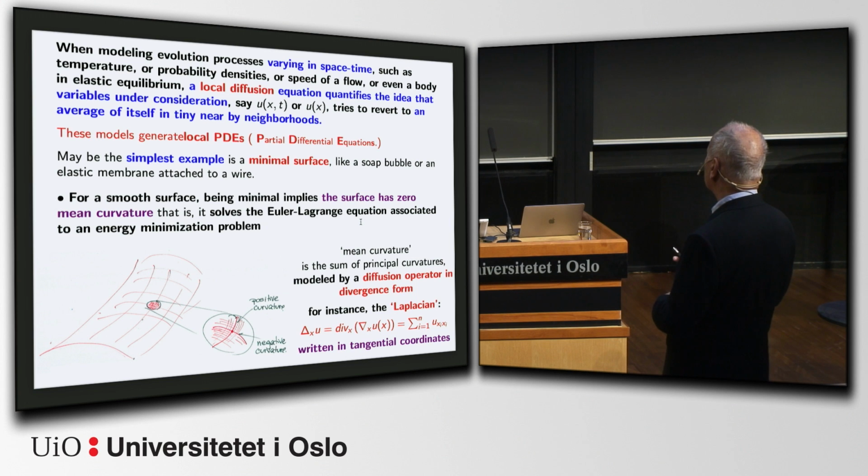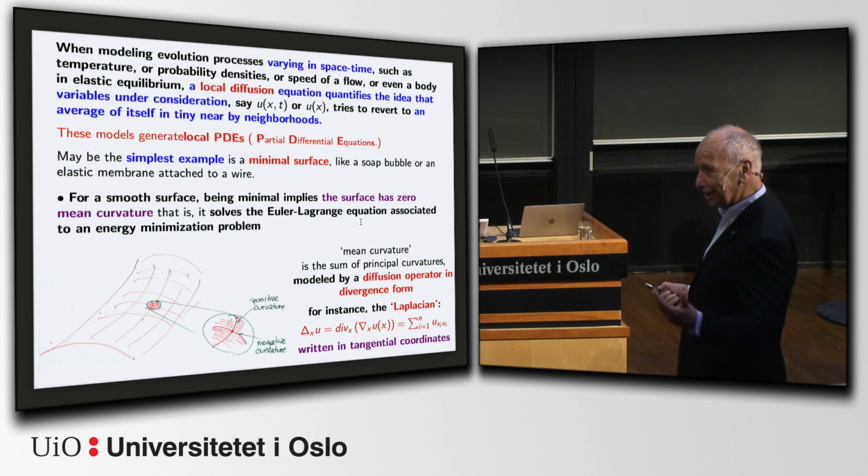Mean curvature is the sum of the principal curvatures, modeled in the diffusion operator in divergence form. In other words, this diffusion operator is the same: the bending, what I was saying, the bending is the same above and down, right? To measure how you are bending, you have to take the divergence of the gradient of u, which is the Laplacian.